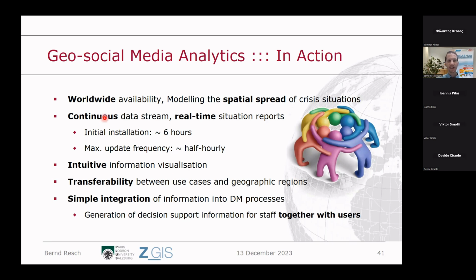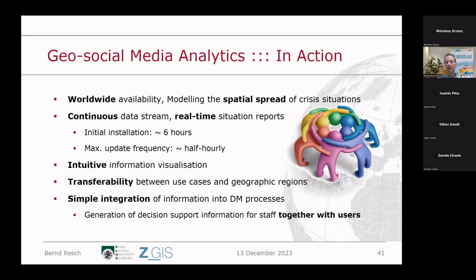The great thing is we have a continuous data stream, so we can basically use these data at any time for real-time situation reports. So you see that people are basically reporting in somewhat real time continuously. The initial installation usually takes a few hours, but if we professionalize, this can easily be driven down to 1 hour.